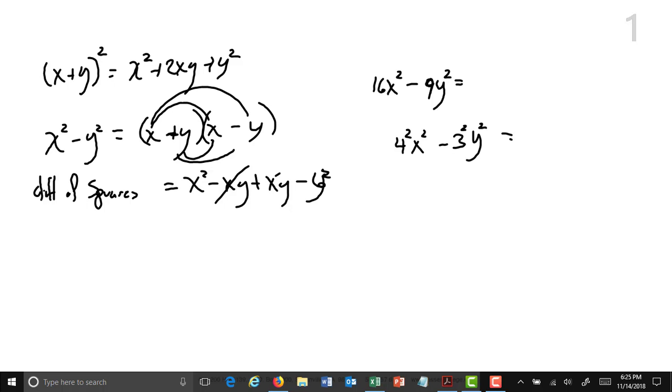So how about if I package it up like this? Now I have 4x squared minus 3y squared, right? Because this is 2 packages of 4 and 2 packages of x.